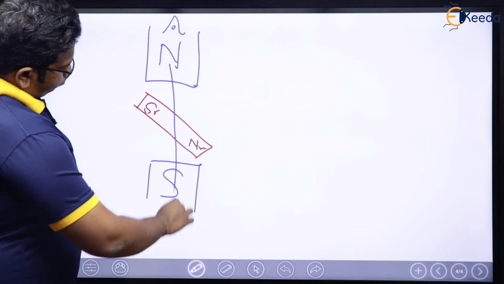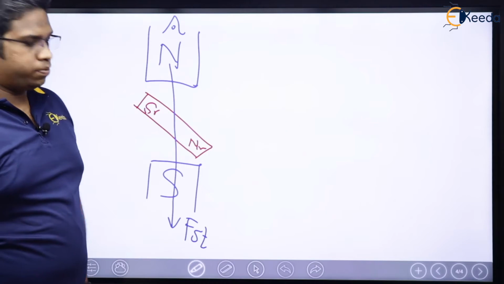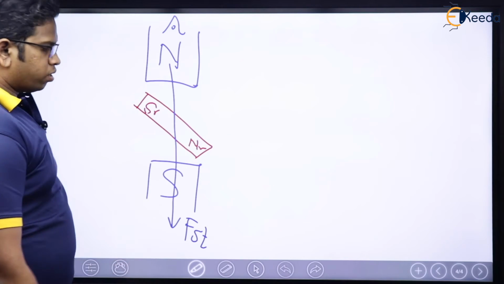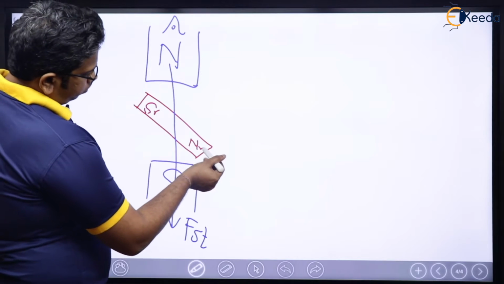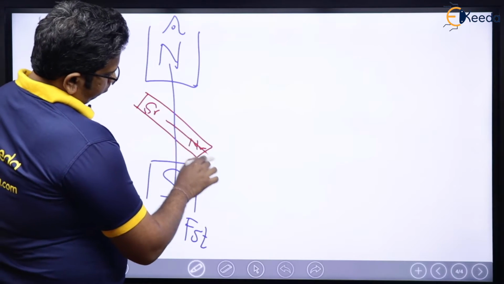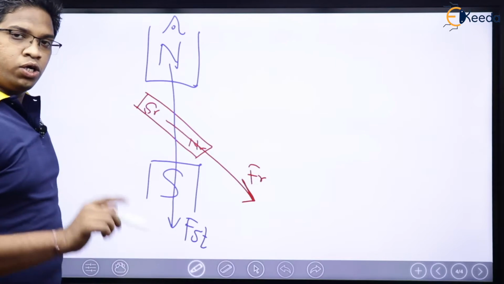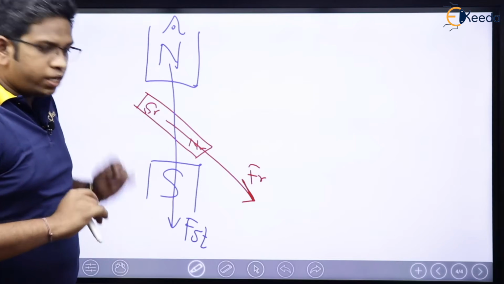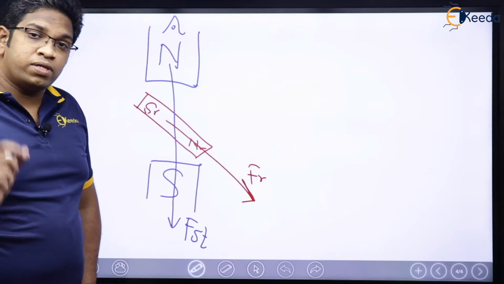Stator MMF is like this, F stator, north to south, right? What about rotor MMF? Flux will be coming out of this, which means if flux is coming in this way, MMF should be in this way. Now, you please tell me, is this angle 90 degrees? Not 90 degrees, but let us see if there can be torque.